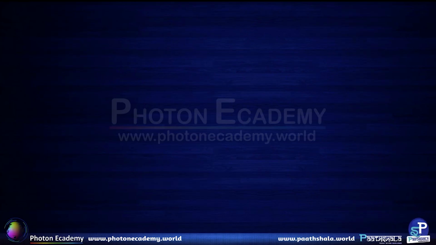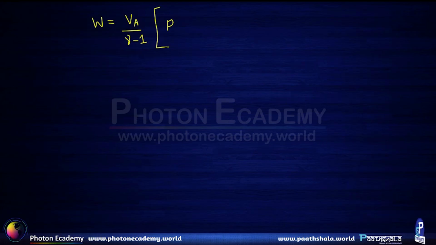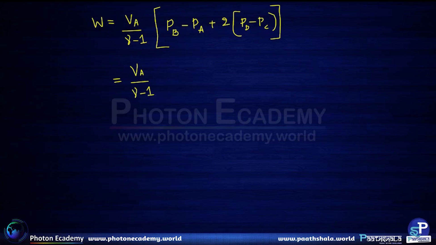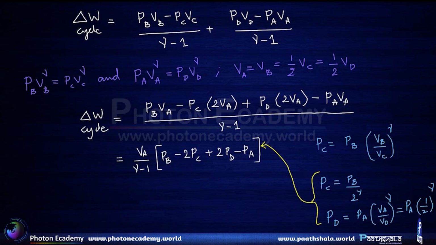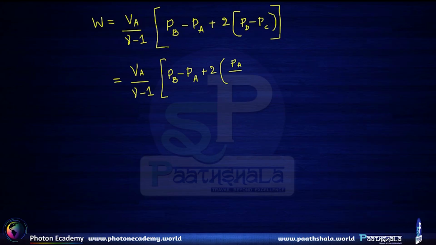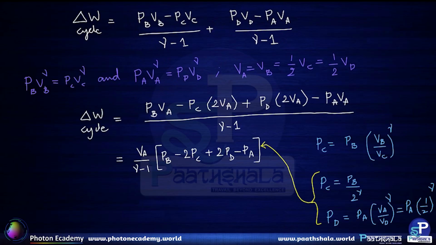So we get the work done is equal to Va by gamma minus 1 into Pb minus Pa plus 2 times of Pd minus Pc, which is going to be equal to Va by gamma minus 1 into Pb minus Pa plus 2 times of, Pd is Pa by 2 power gamma, minus Pc is Pb by 2 power gamma.